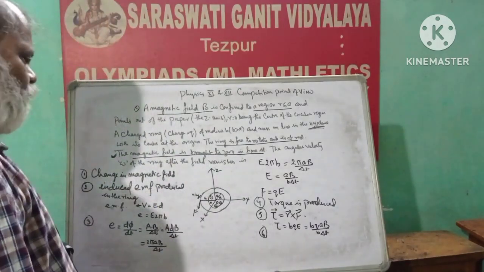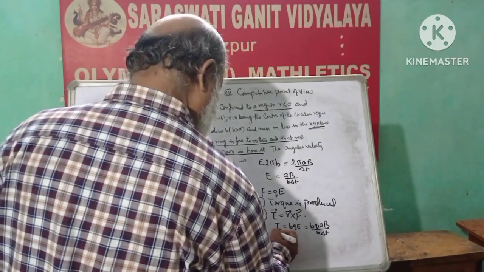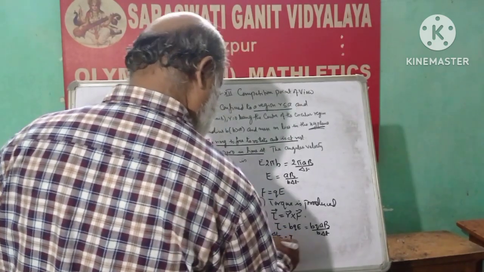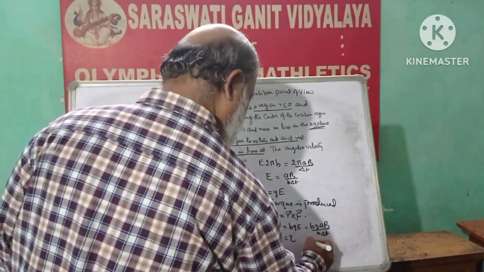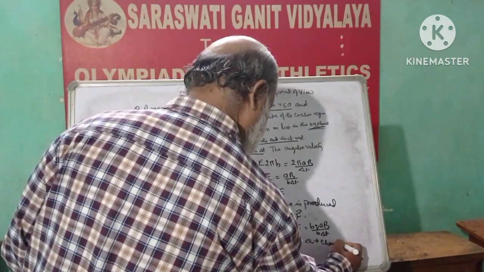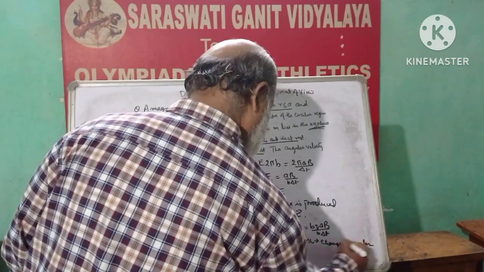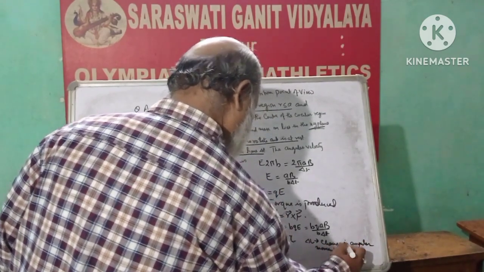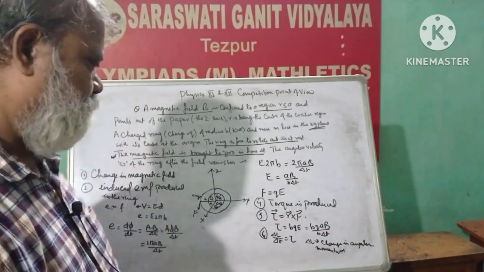So your sixth important point is that the change in angular momentum is equal to torque. This is delta L, the change in angular momentum, into delta t.